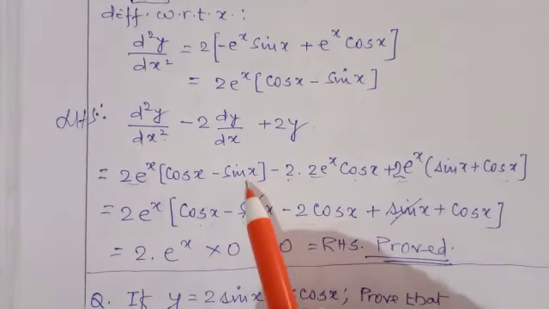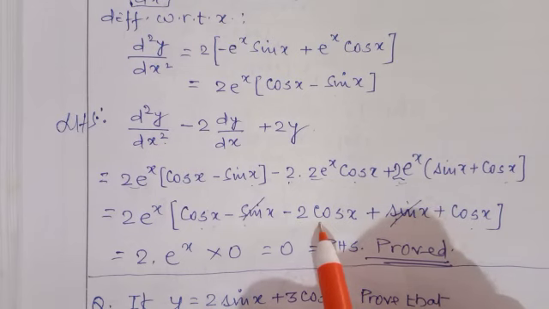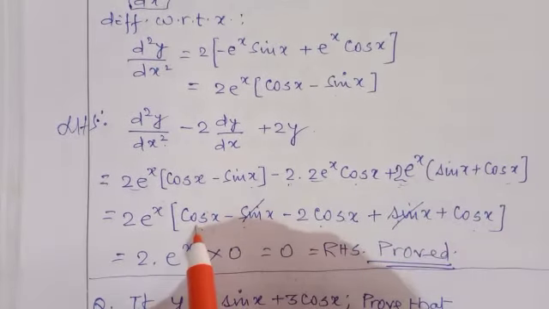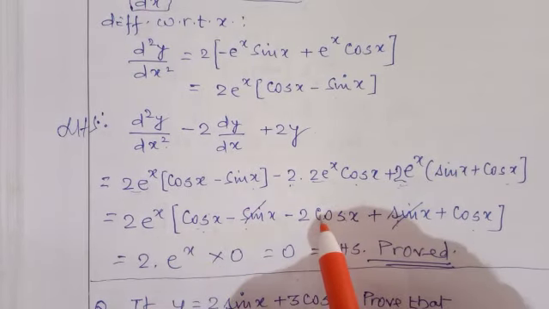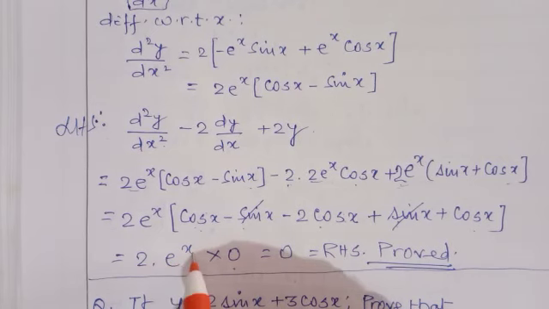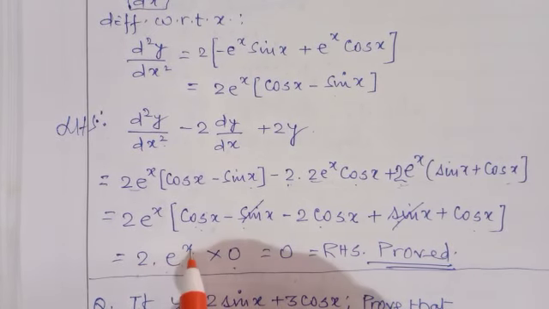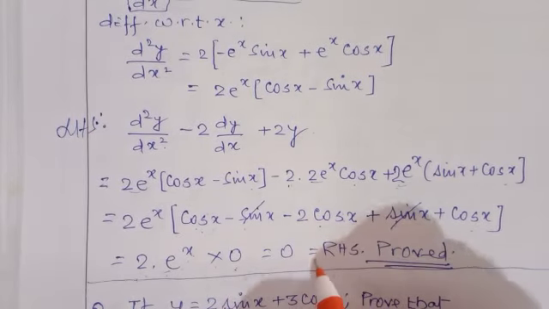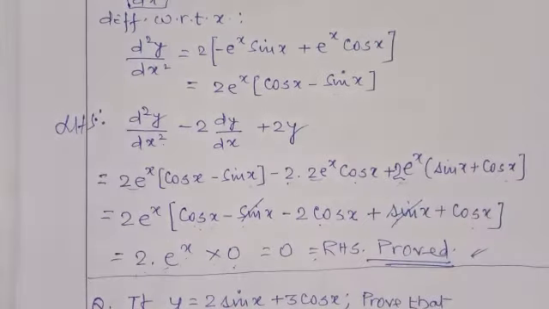Minus sin x plus sin x cancels, and cos x plus cos x is 2 cos x, and minus 2 cos x also cancels. Result is 0. So 2 e to the power x into 0 becomes 0, which is your RHS.